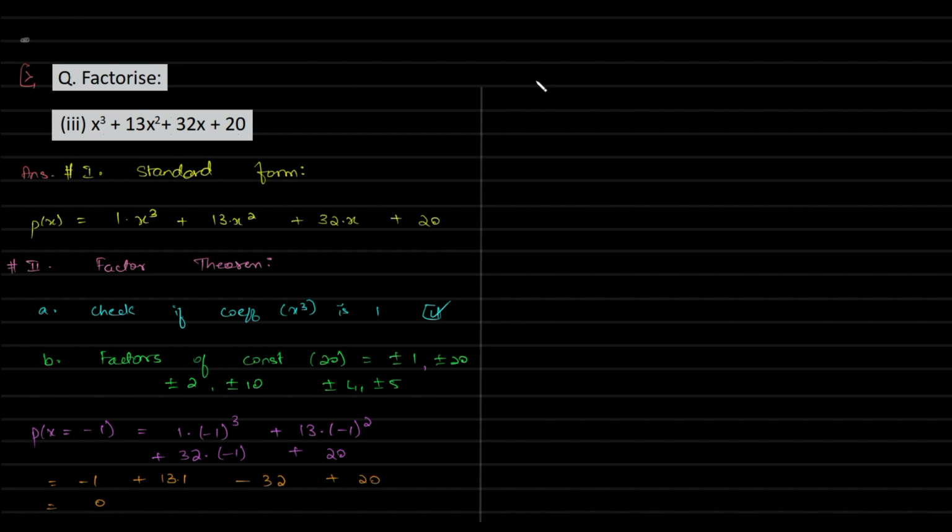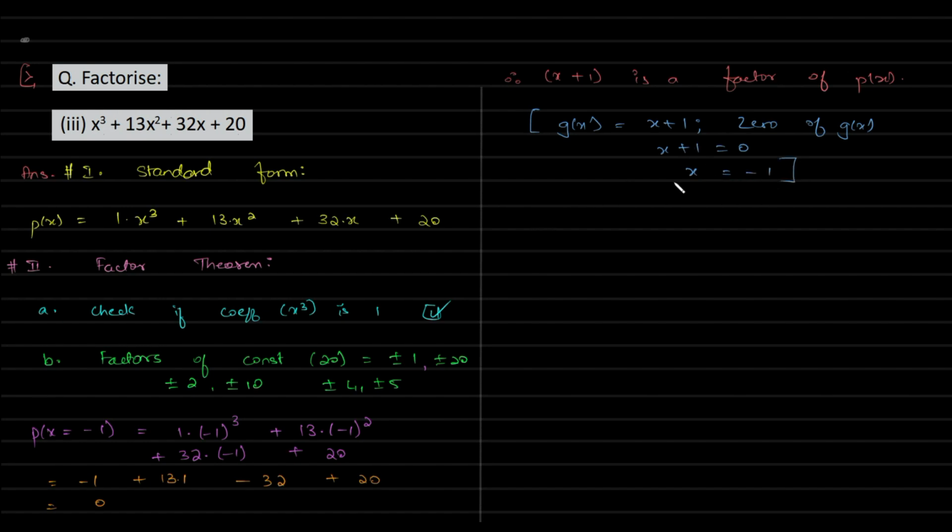So what can we imply? Therefore, x plus 1 is a factor of p of x. How does this come into the picture? If I have g of x as x plus 1 and I figure out the zero of g of x, then x plus 1 will be equal to 0, so x will be equal to minus 1.